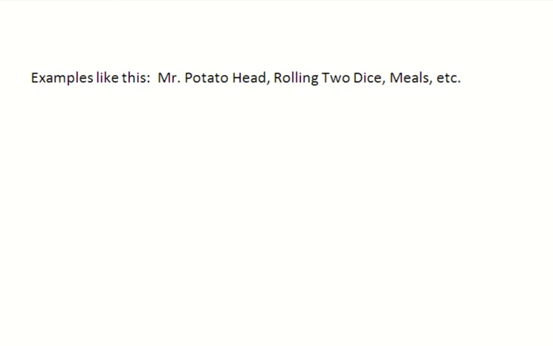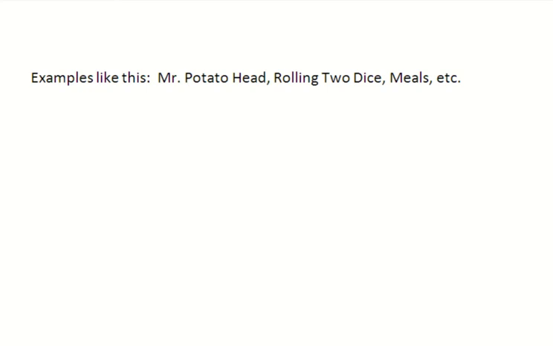Examples that I could give you, relatable examples, would be like a Mr. Potato Head example, where the situation is you have so many pairs of eyes, eye pieces you could choose to put on your Mr. Potato Head or Mrs. Potato Head.